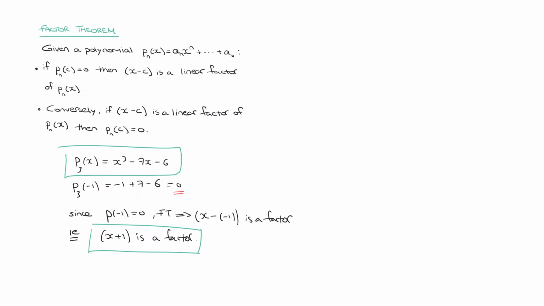I'll use synthetic division, and so in the upper right hand corner here, I'll write x cubed minus 7x minus 6 divided by the linear factor we know is a factor according to the factor theorem. Now for that, we'll use synthetic division. So we set up our table. The coefficients of the cubic are 1, 0, negative 7, negative 6. And we're going to be dividing by x plus 1.